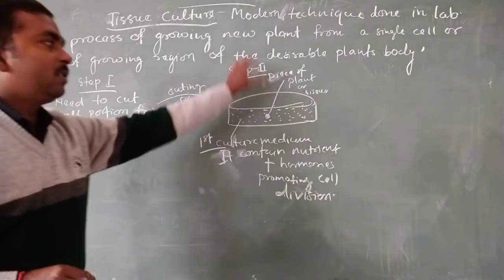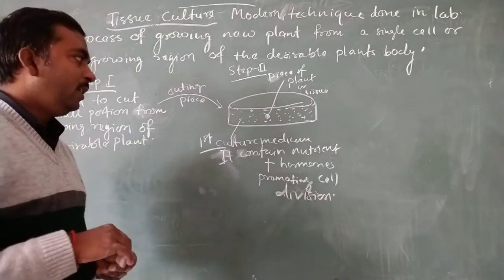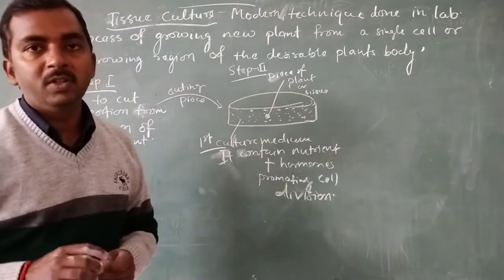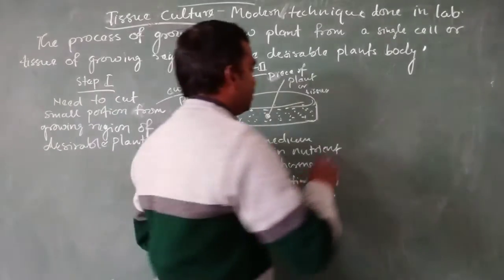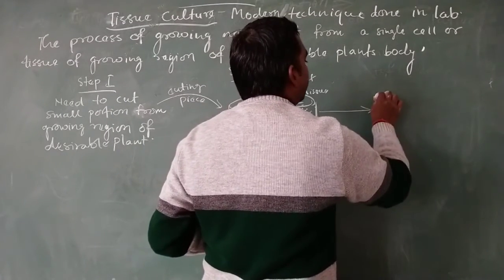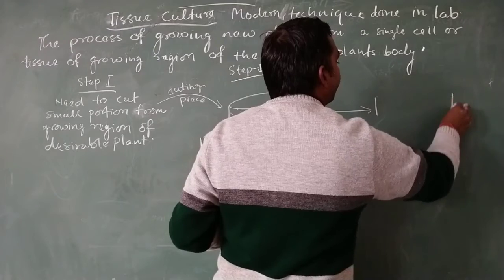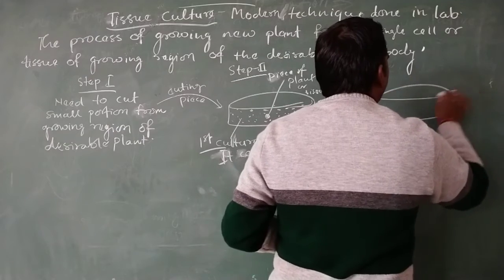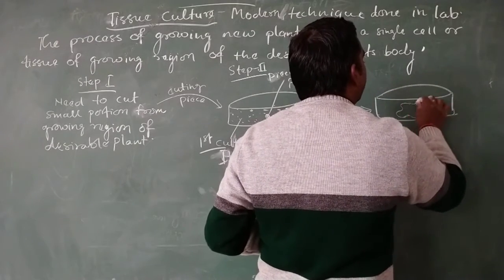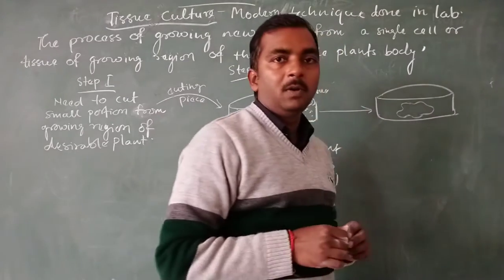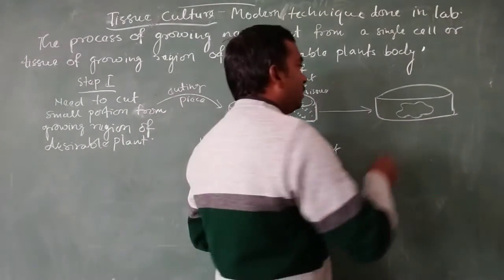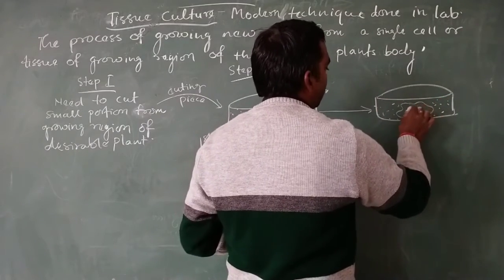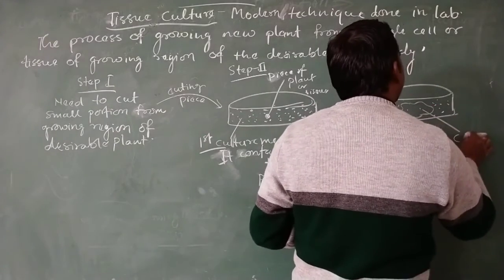So in the first culture medium we prepare a medium with nutrients as well as hormones which promote cell division. When we put this cut piece in the culture medium, over a period of time, after some hours or some days, we find a mass of tissue, and this mass of tissue is known as callus.